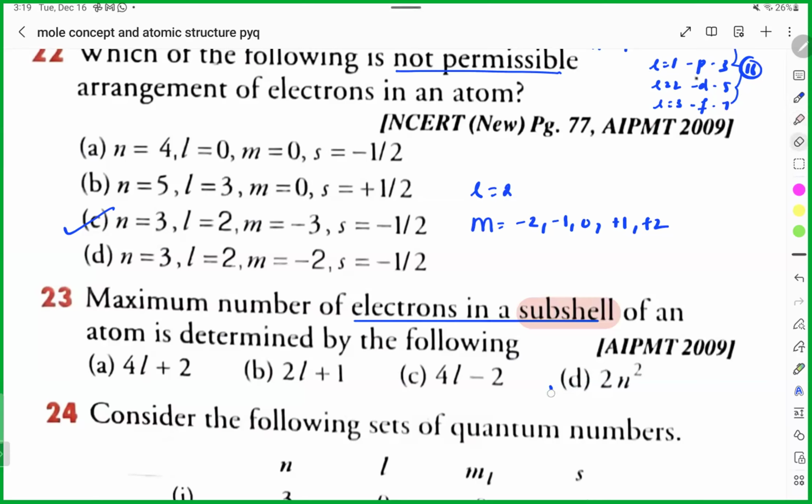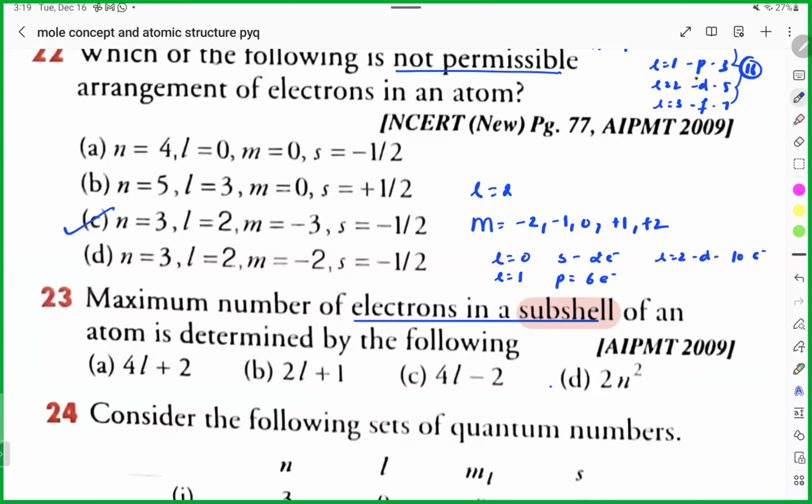See how to calculate in a subshell if you know the subshell value. Example, if l value is 0, then it is s, there will be 2 electrons, correct? If l value is 1, then p, here you will have 6 electrons. If l value is 2, d, then there will be 10 electrons, correct?